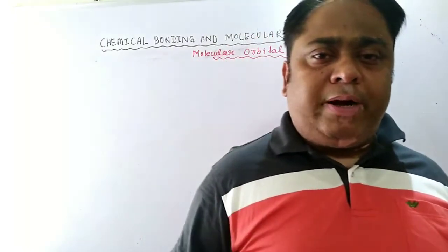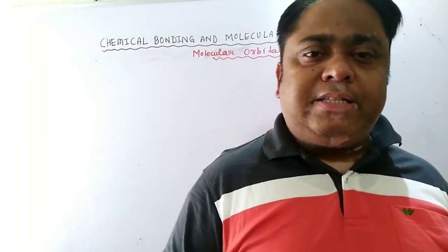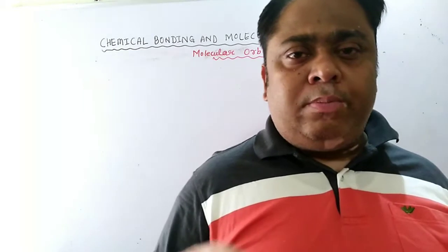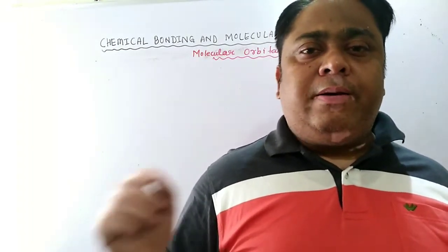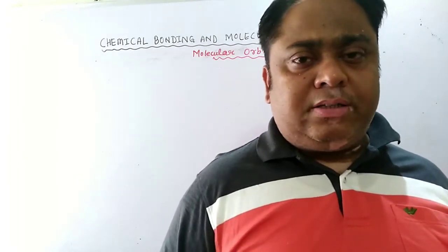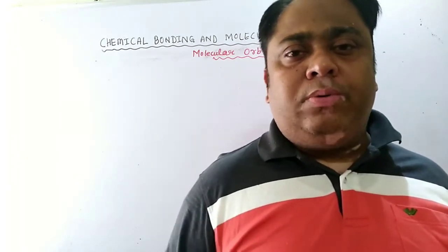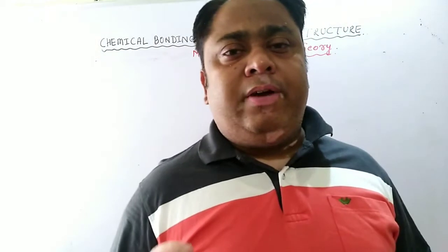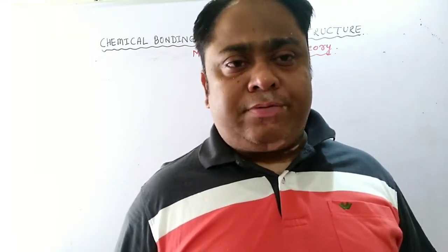Okay, what is an atomic orbital? An atomic orbital is the space around the nucleus where the probability of finding an electron is maximum. Now, you are students of mathematics. You know how probability can be shown, by various kinds of graphs.